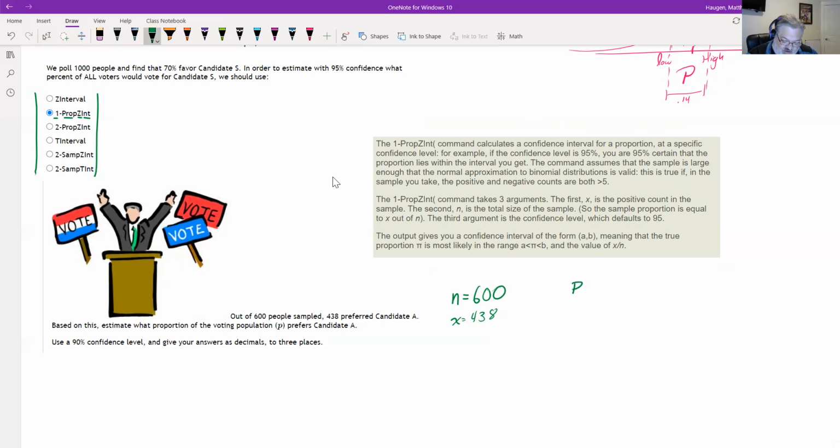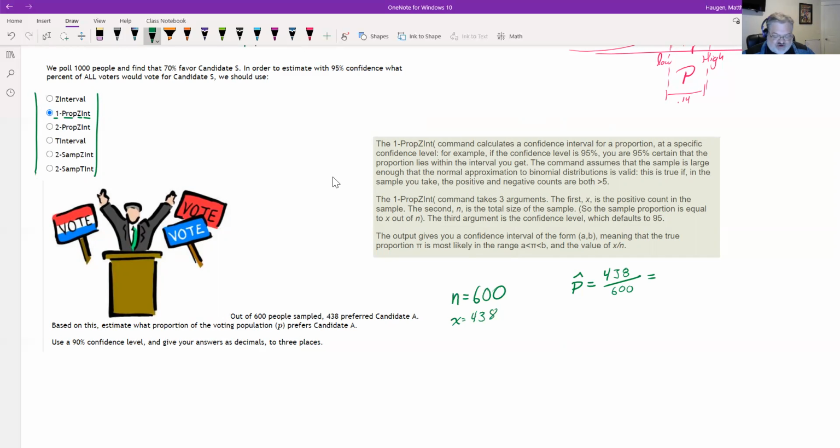If we were looking for a proportion of that sample, what proportion of the sample preferred that candidate? Well, 438 out of the 600 sampled. So we could get that proportion if we wanted it.